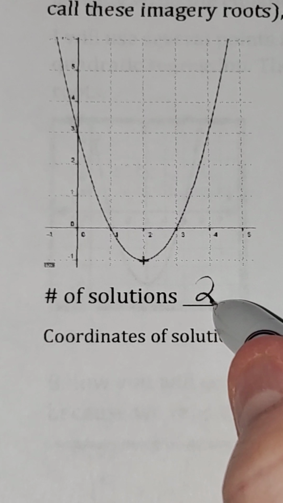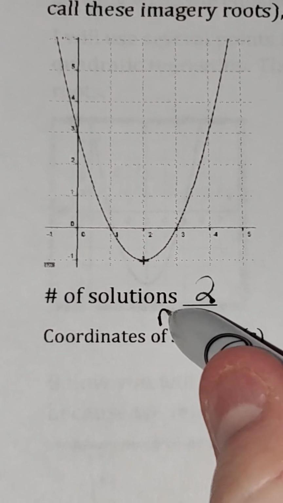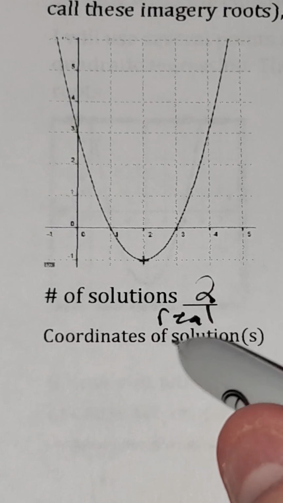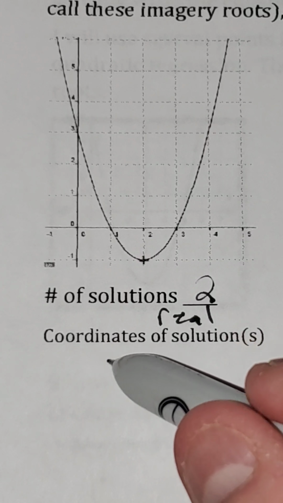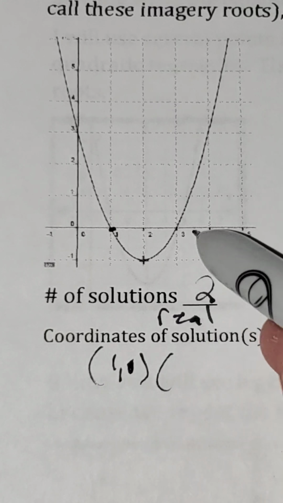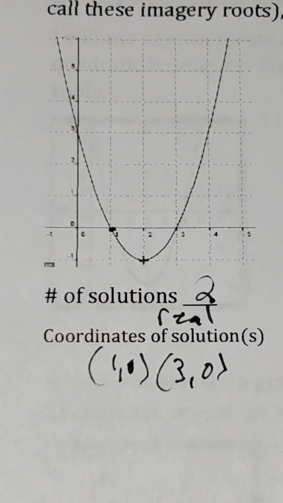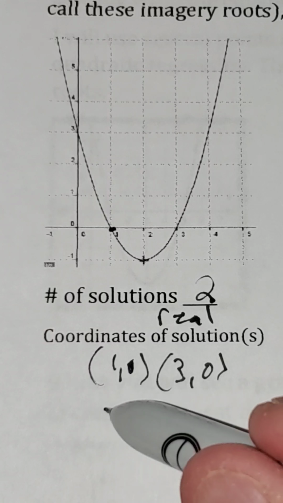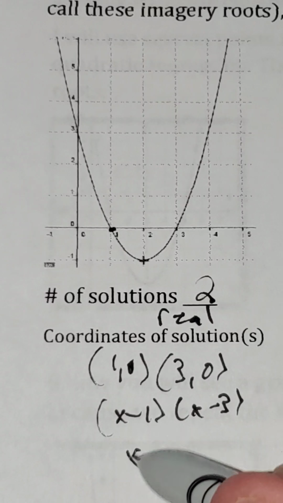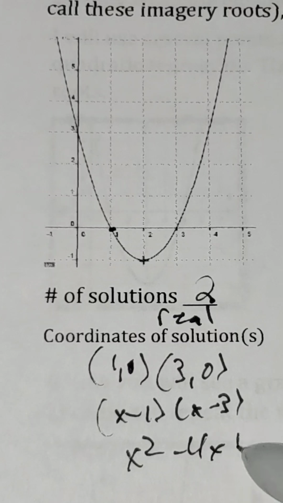This has two solutions. If you want to be more detailed, they are two real solutions, and the two coordinates for them are (1, 0) and (3, 0). Now, if you were going to work this out, it's x minus 1, x minus 3, and you would wind up with x squared minus 4x plus 3 as your final answer.